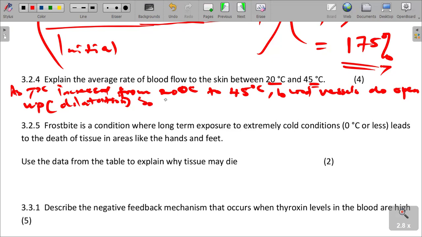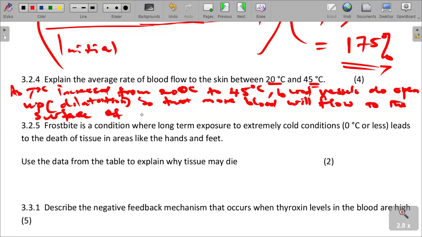so that more blood will flow to the surface of the skin, and then heat, so that heat is lost to the atmosphere.